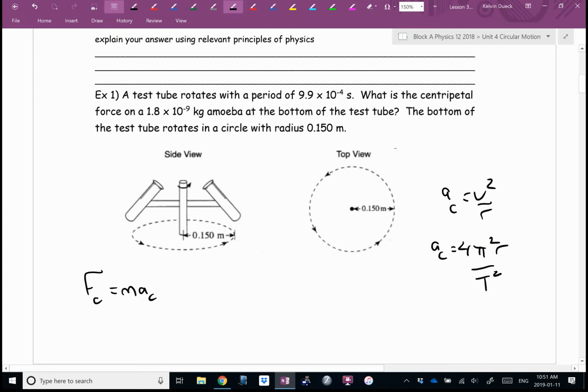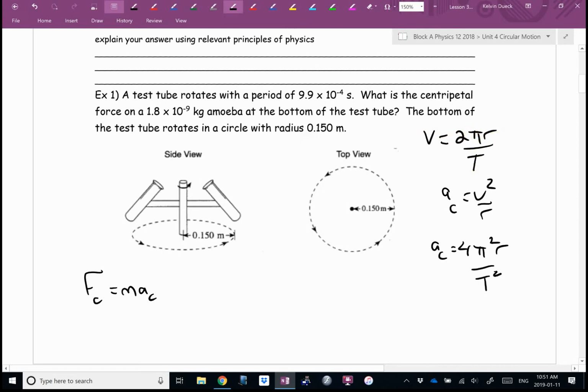Maddie, which one am I going to use here? They gave me V. Which one am I going to use here? They gave me the period. Yeah, that one. And by the way, the other thing you could do, it'll be silly because you're adding extra steps, you could only use this one, but then you could always say, I know that V equals 2 pi R over the period.